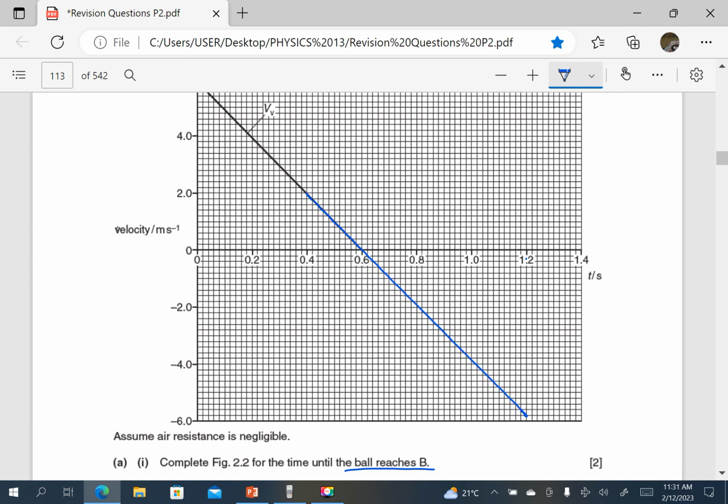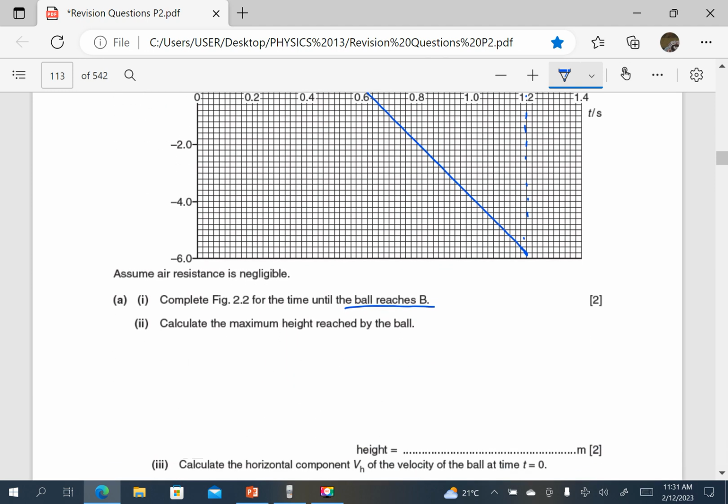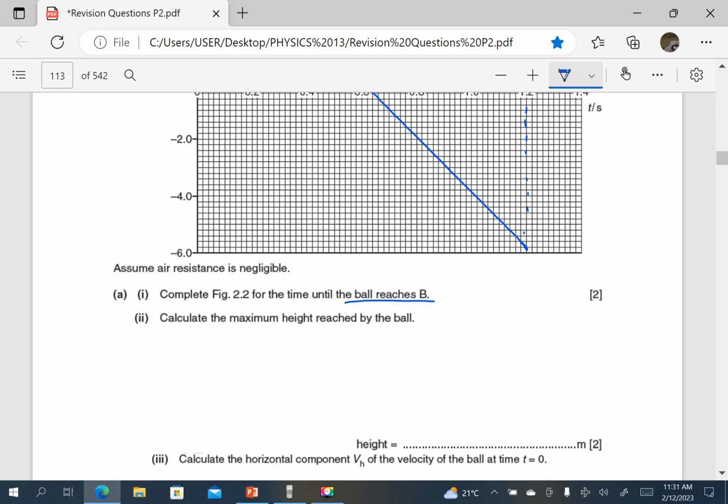Okay, so the line goes up to here, because the negative part of velocity just shows moving in the opposite direction. It arrives at point B after 1.2 seconds, because the time it takes to reach maximum height is the same time it takes to fall the same vertical distance downwards.